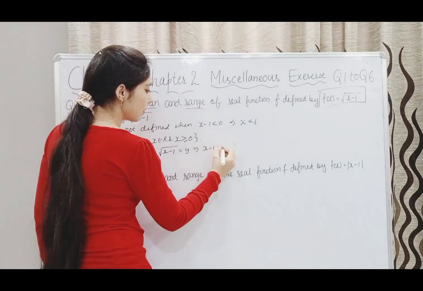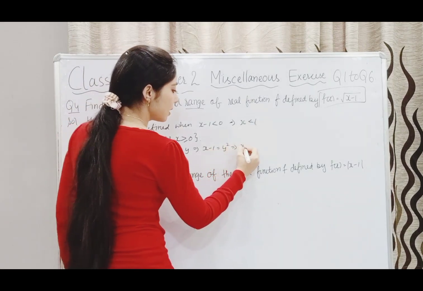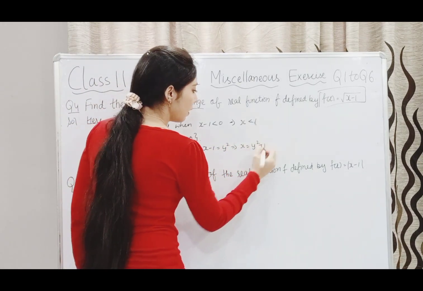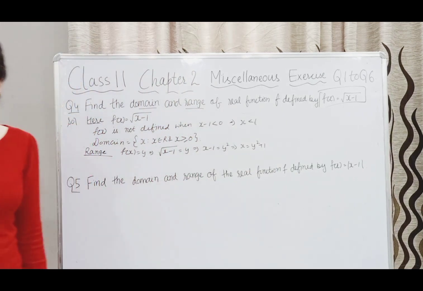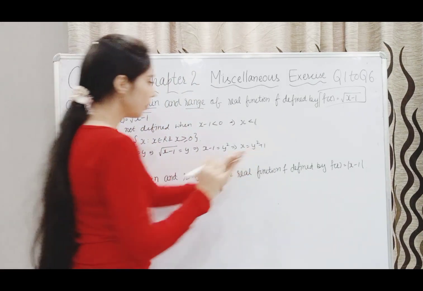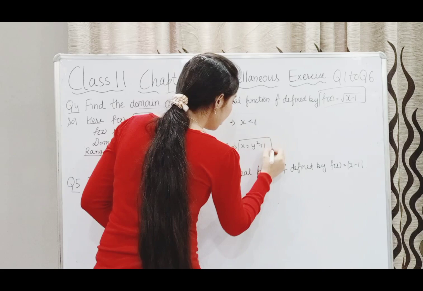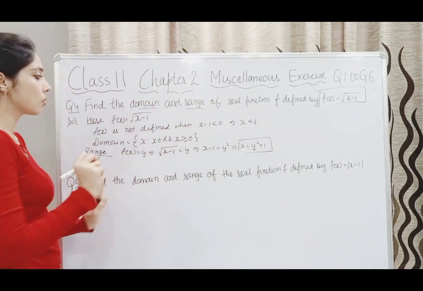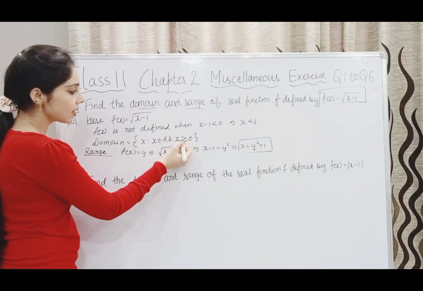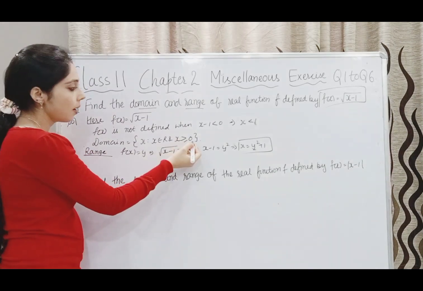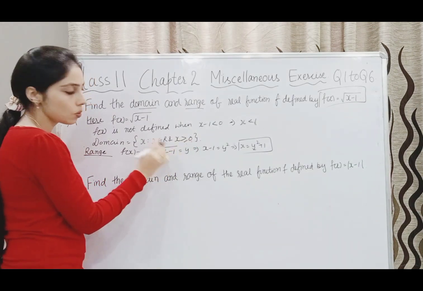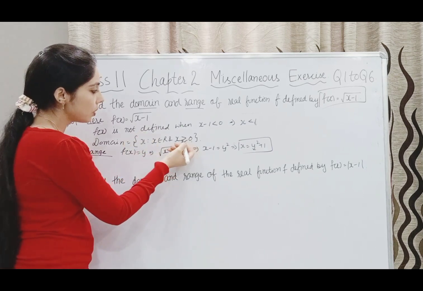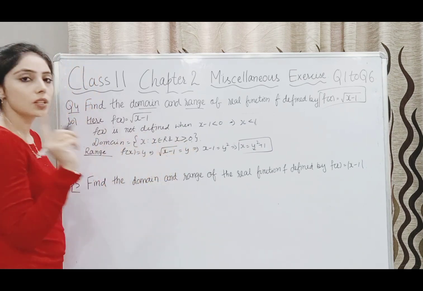Implies x minus 1 is equal to y square, implies x is equal to y square plus 1. So we can observe that y is always greater than or equal to 0, because x is greater than or equal to 1. If we put x equal to 1, this gives us 0.